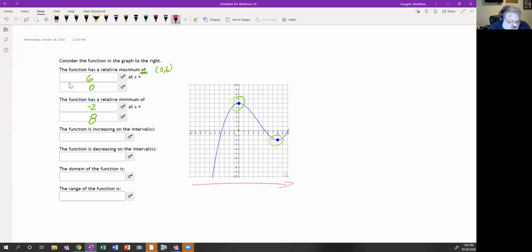So the function is increasing all the way from negative infinity until it reaches 0. And it's increasing from 8 onward towards positive infinity.